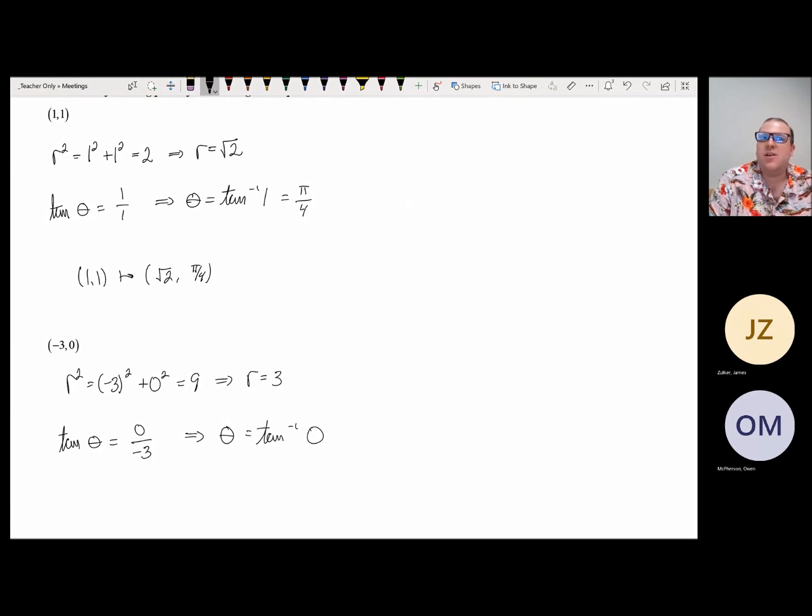Well, technically, the point's not in a quadrant. It's on an axis. The axes are not technically quadrants. Right, but you are right. It's not the inverse tangent of 0. You have to add pi to it.